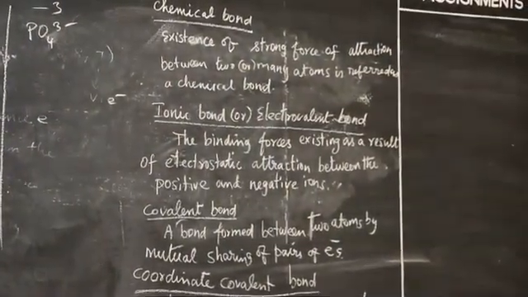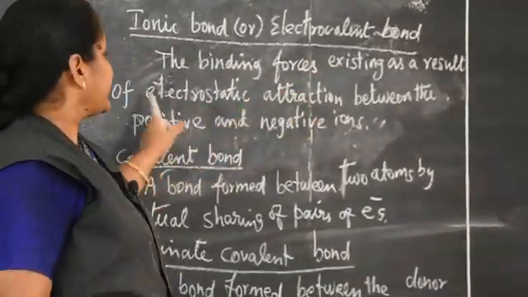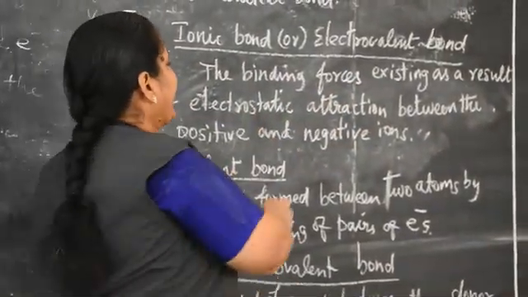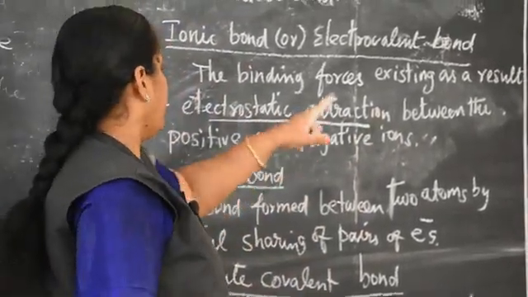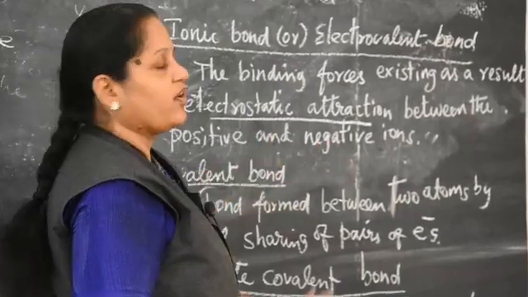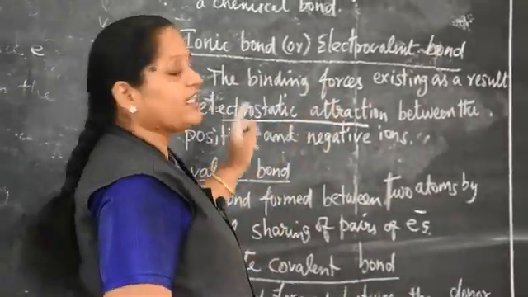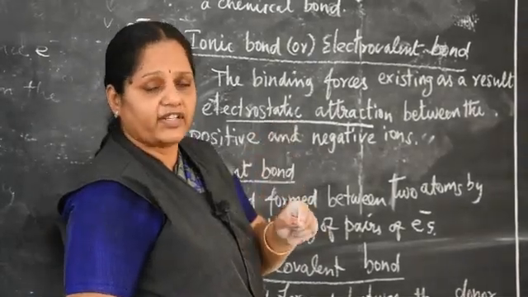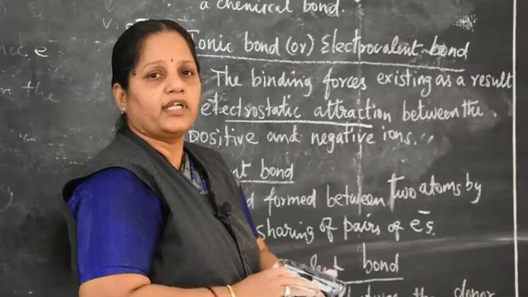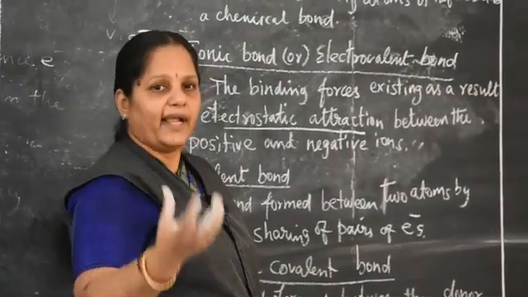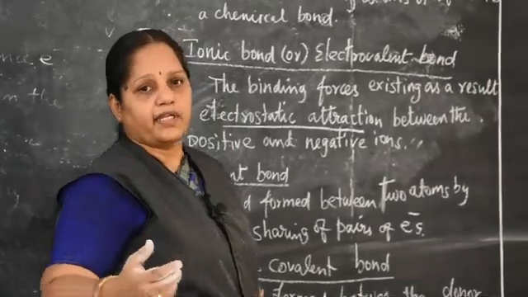I write the definition here. Ionic bond: the binding force exists as a result of electrostatic attraction between the positive and the negative ions. You know that positive ions are metals, and the ones carrying negative charge are non-metals.